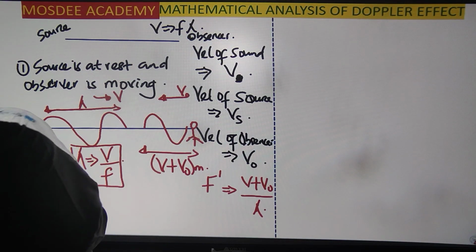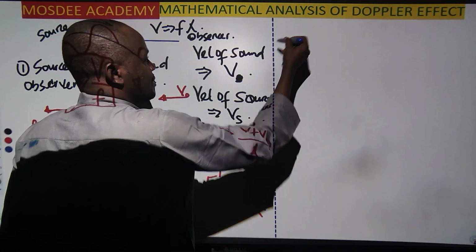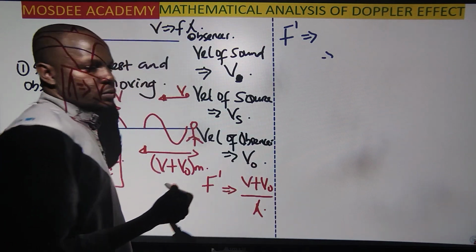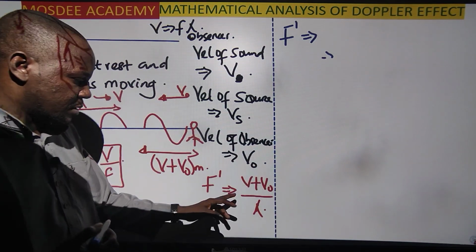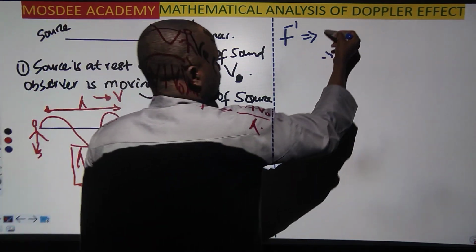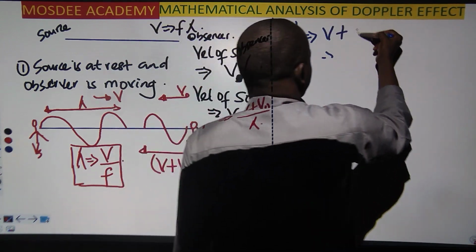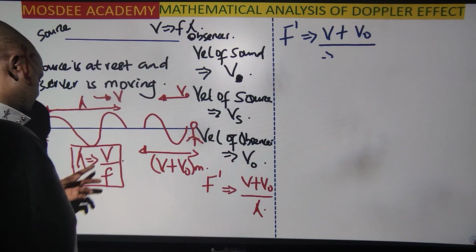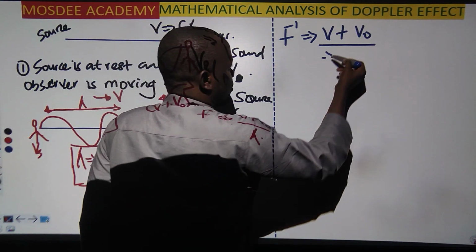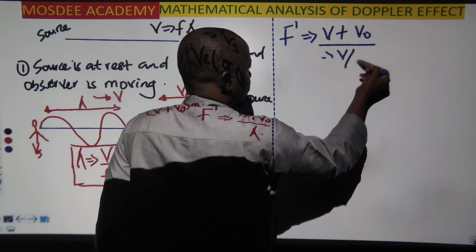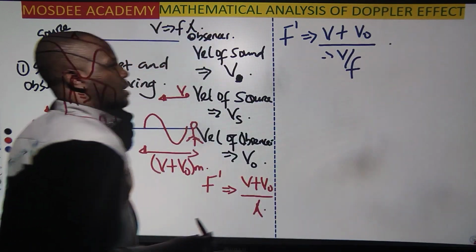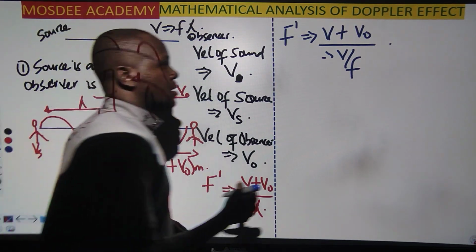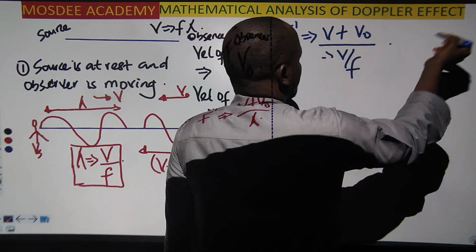Then if I continue from this formula, the final frequency, F dash, will be equal to V plus V naught, all over, please watch, lambda, which here is V over F. So divided by V over F. Now I can rearrange my formula, V gets cancelled out, and if you are just a beginner, not that strong in mathematics, you can do it one by one.